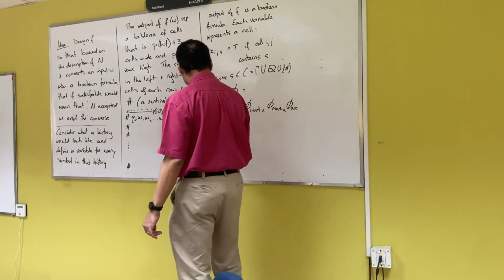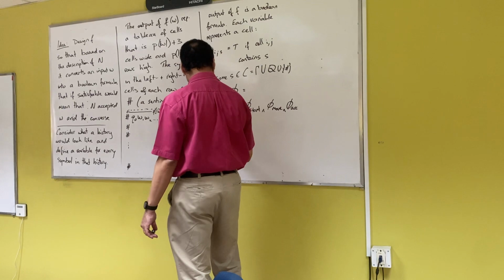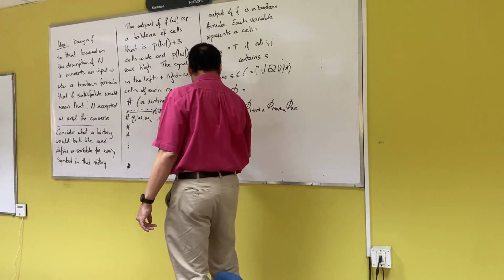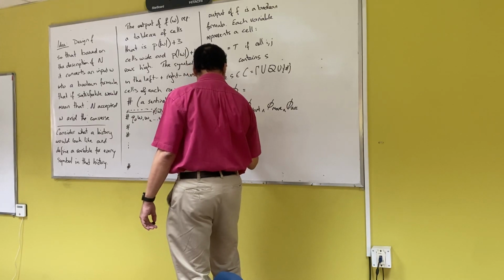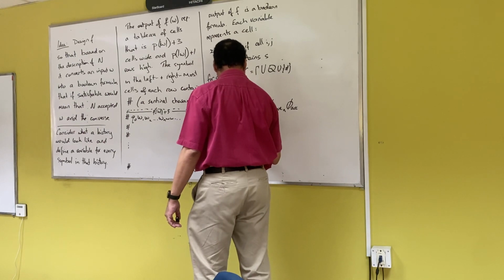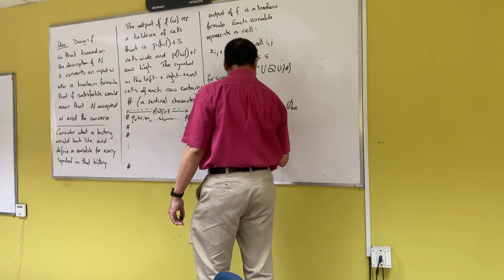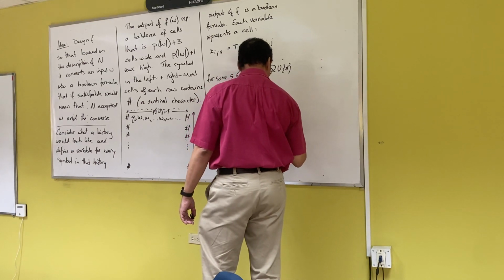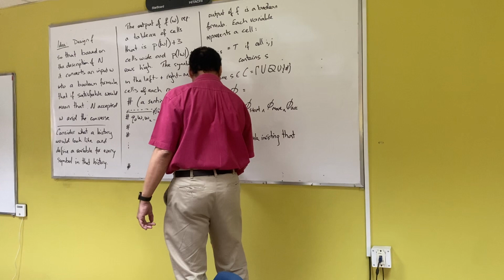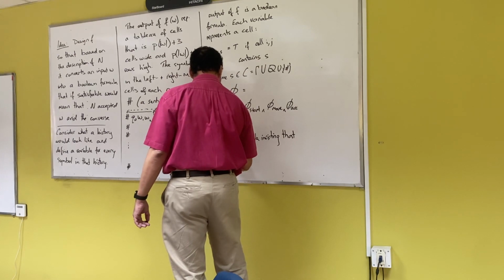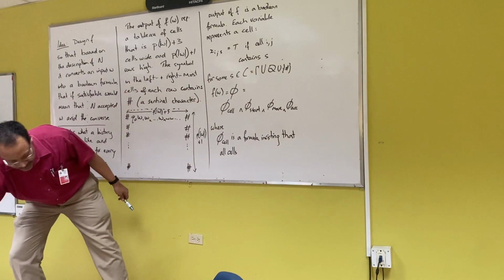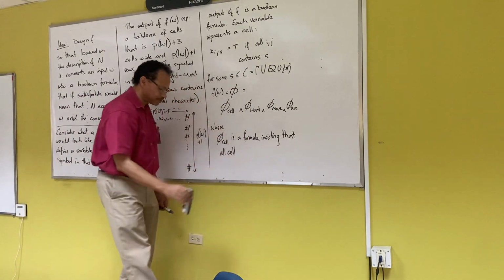Okay, where? Phi cell is a formula insisting that all cell variables are legal or consistent.